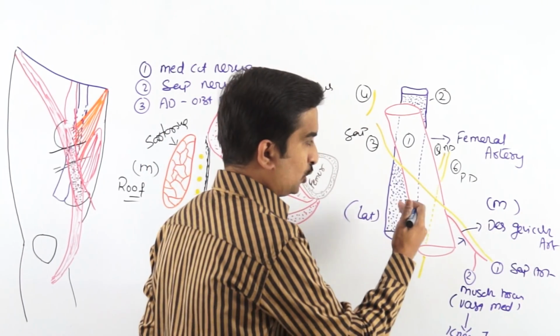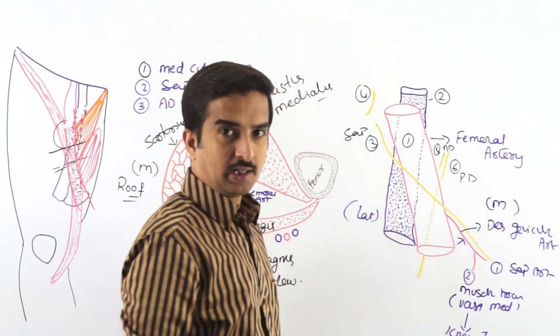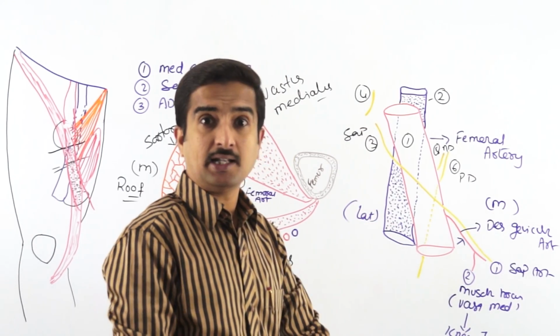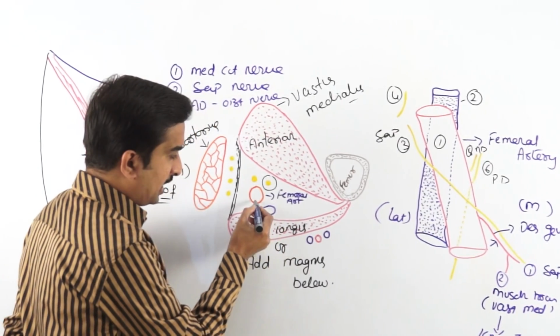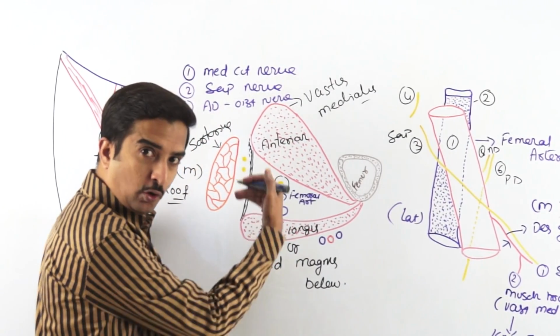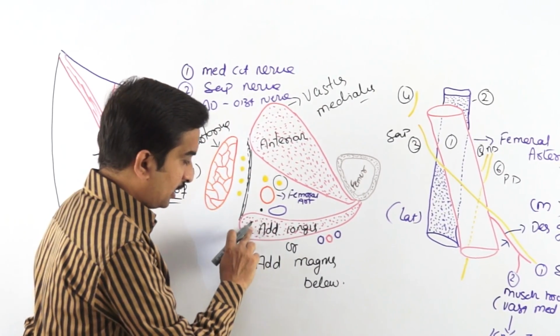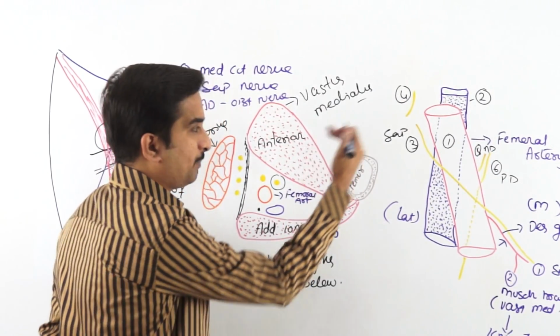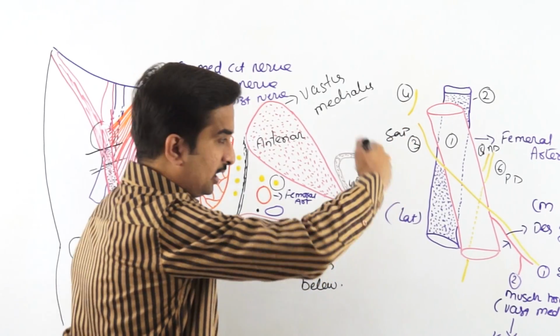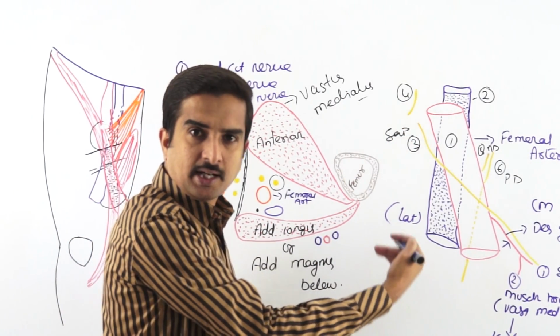I told you that in the lower part of the canal, the floor is formed by the adductor magnus, which means if the nerve is going behind the femoral artery, it runs anterior to the adductor magnus in the lower part of the canal, because in the upper part there is the adductor longus. In the lower part, the floor is formed by the adductor magnus.